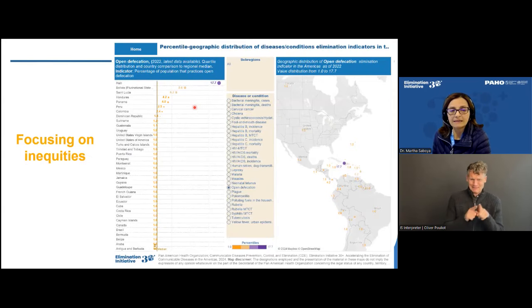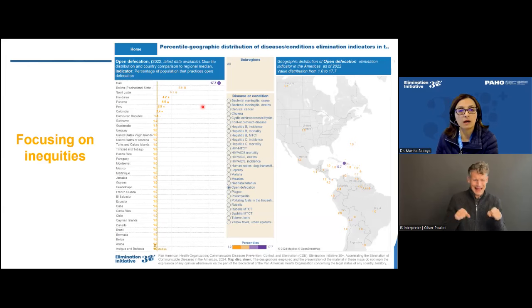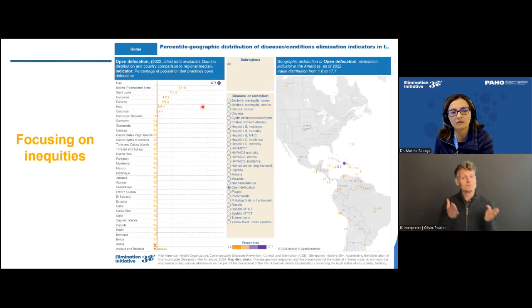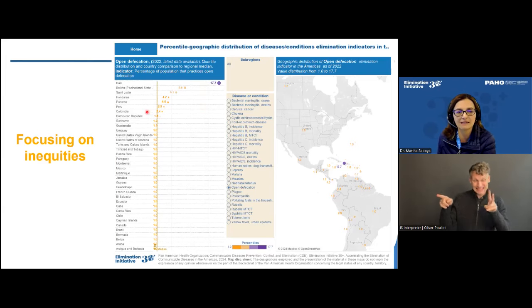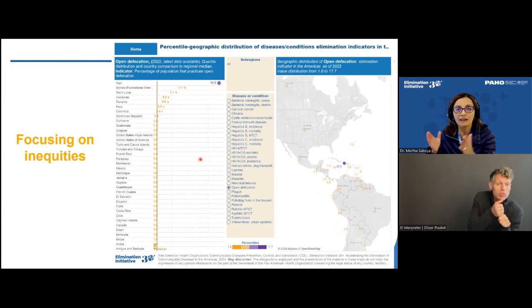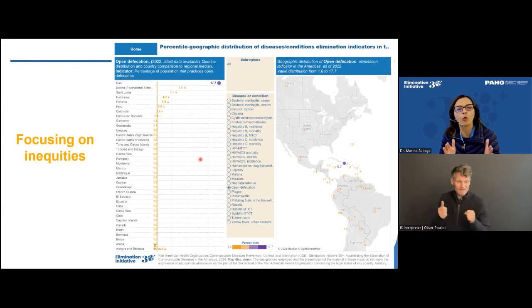And exactly the same for other conditions. We are seeing here the percentage of population that practices open defecation in the region of the Americas. And you can see that the percentages are very different among the countries. What are those differences? What are those populations that are still practicing open defecation in the region of the Americas, and why?